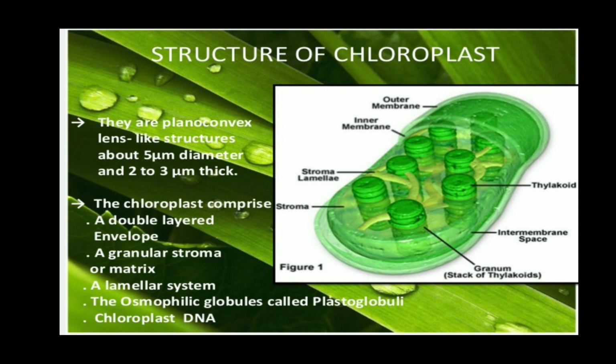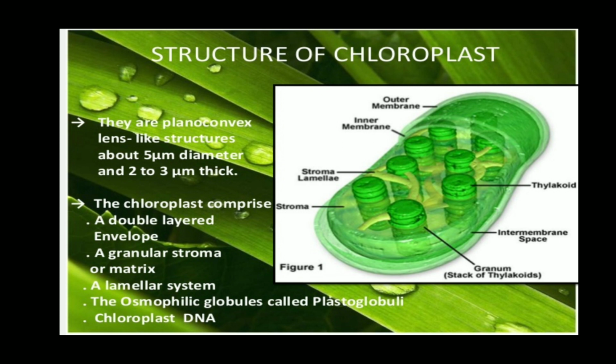So a granum is a single one. In this chloroplast you can observe there are many, and these are called grana. If there are two or more in number we call them grana, and if single in number we call it a granum, right?